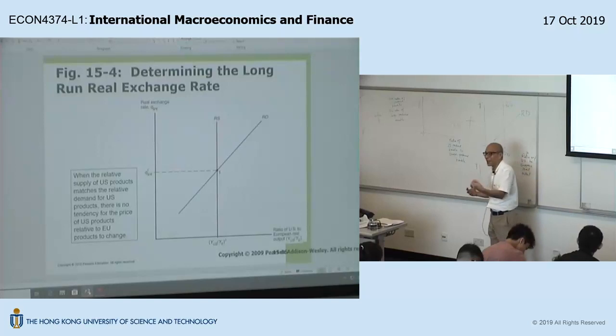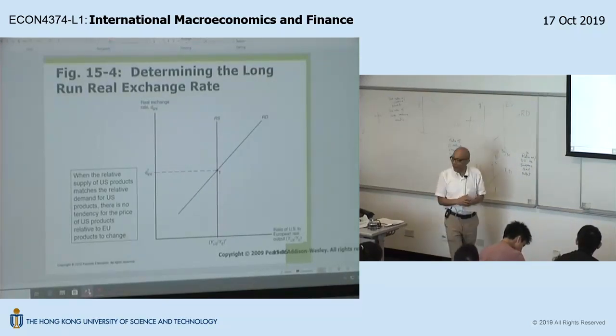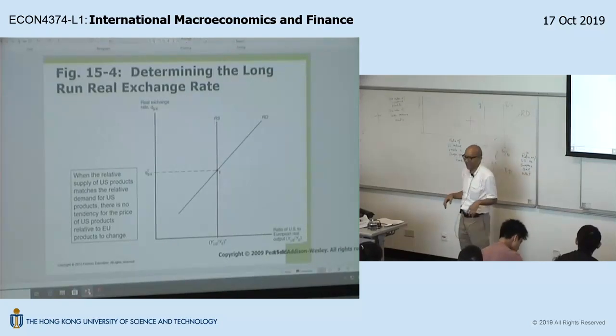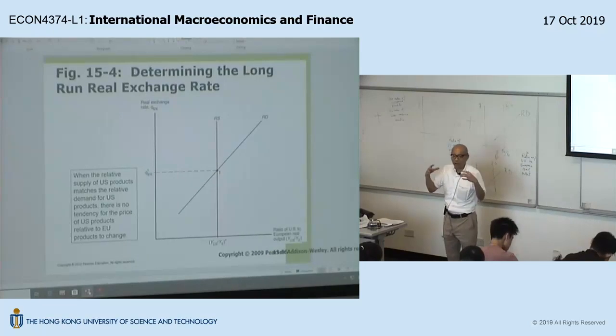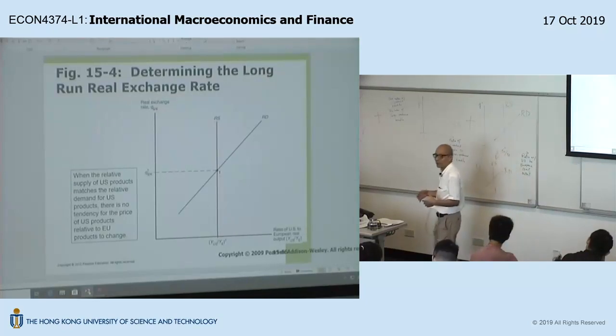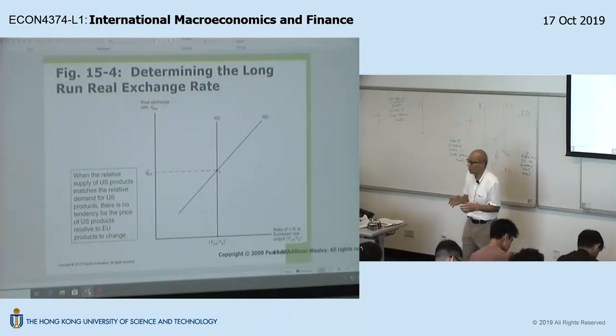How about your own country's demand for your own goods? That also actually has an effect. If you are a large country, okay, like the U.S. or China, so if the Americans themselves somehow decide to consume more U.S.-produced goods, that actually will also shift the relative demand curve for the U.S. You see?